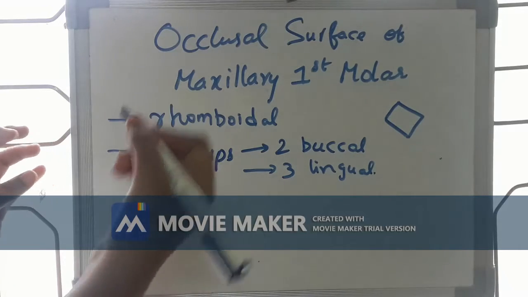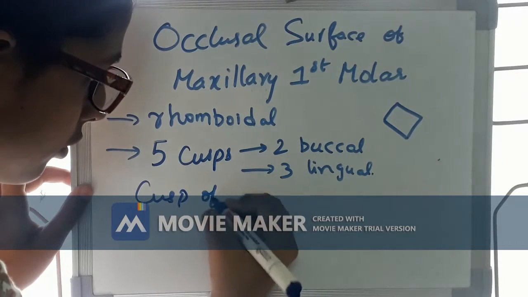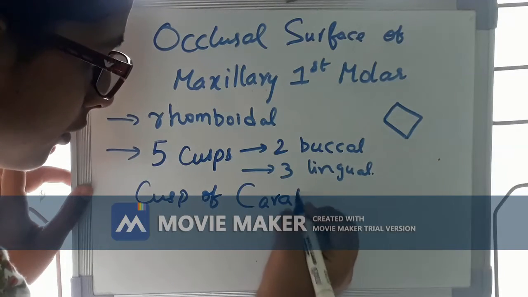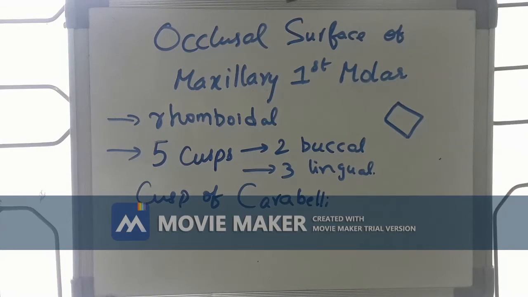Next, especially the cusp of Carabelli. The cusp of Carabelli is too small and it is the smallest cusp.